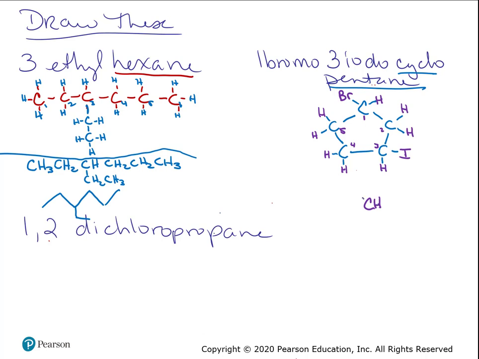CH. And then sticking up would be a Br. And then coming down, carbon 2 would be a CH2, right? Because that carbon has 2 hydrogens. Then the next one coming down would be a CH. And then sticking off would be its iodine.